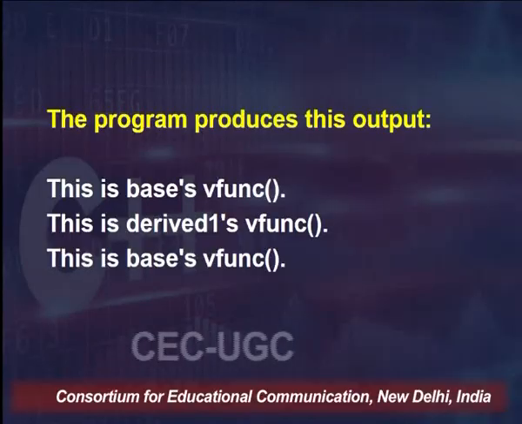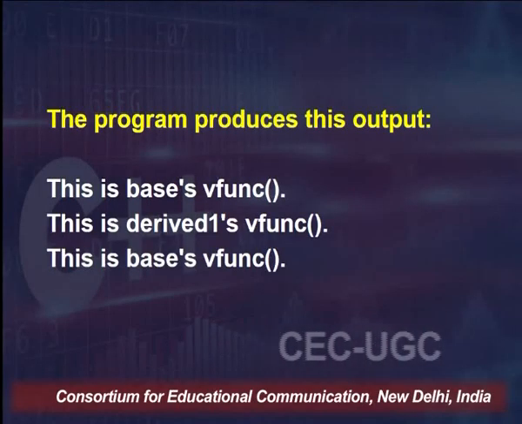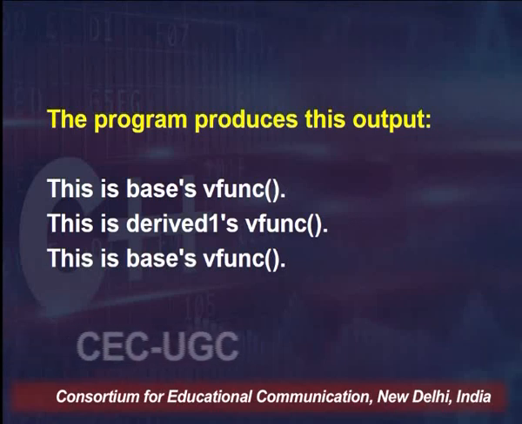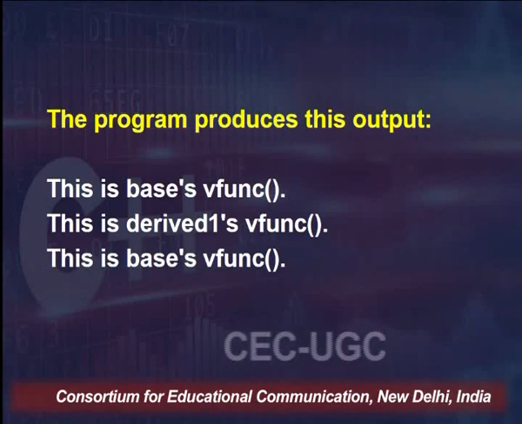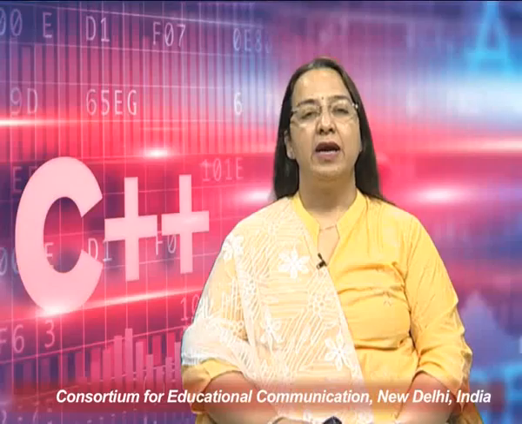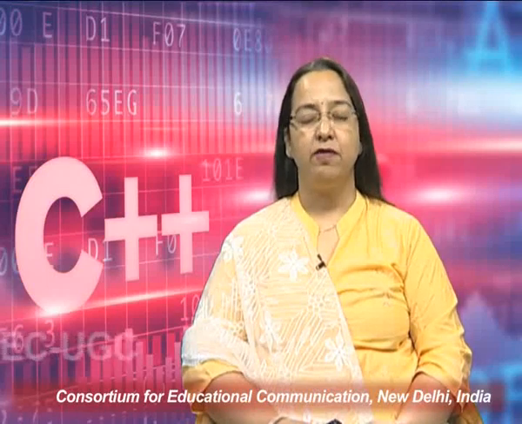The first call to vfunc is for base, so it will print this is base vfunc. Then the second call to vfunc is from derived 1, so this will say this is derived 1's vfunc, and the third call is to derived 2's vfunc, but unfortunately derived 2 does not have any definition of vfunc of its own.